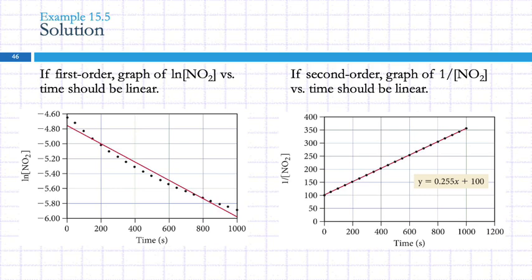And there's something called a correlation coefficient that the computer will give you, R squared. And R squared is a measure of how closely the line fits the data. How straight is this data? So if R squared equals 1, that's a perfectly straight line.